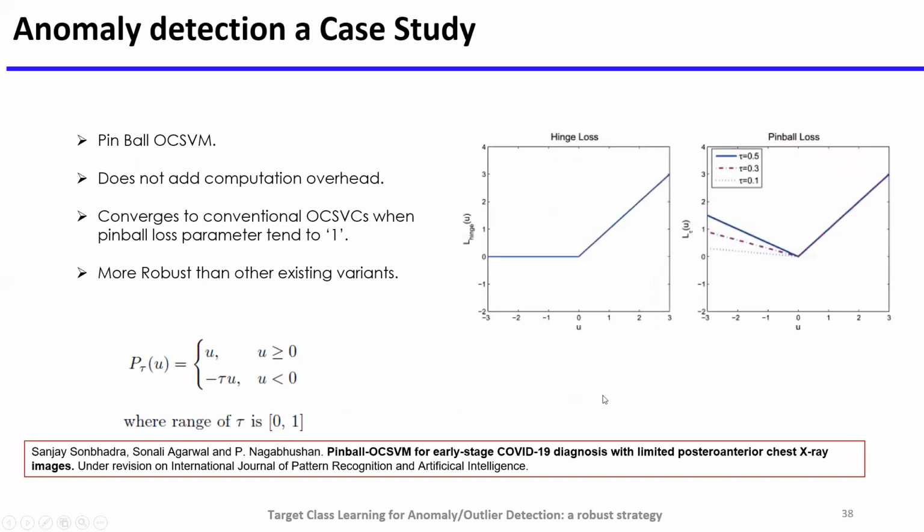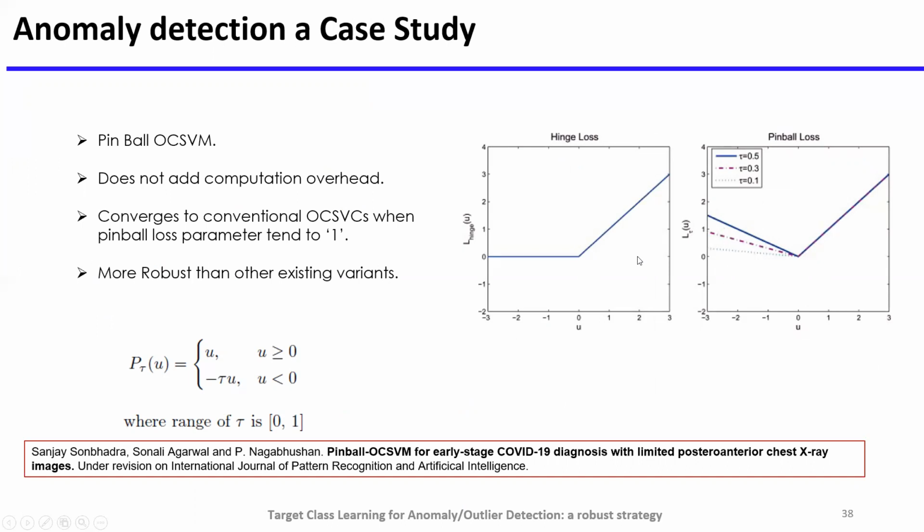Coming to one application of a variant of one class support vector machine. The variant is known as the pinball one class support vector machine, and here the loss function that has been incorporated, earlier with one class support vector machine, was hinge loss, and you can see the difference based on the value of tau. This can be made more flexible.